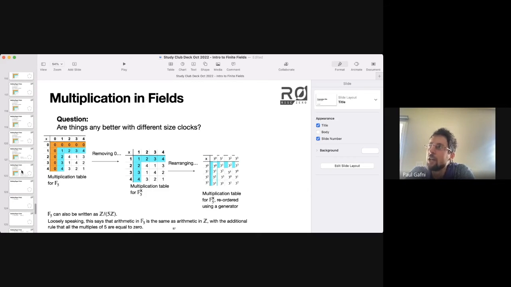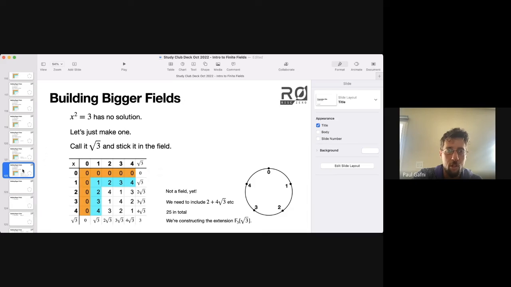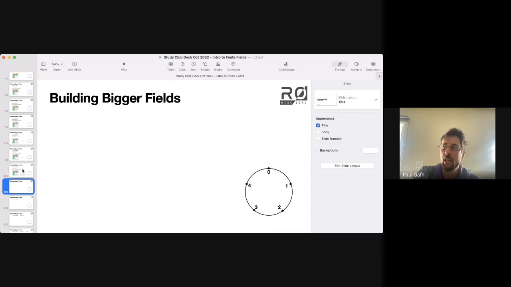So we've seen generators, we've seen roots of unity, we've seen the idea of a multiplicative group of a field. The one other thing that is likely coming up if you're encountering finite fields in any professional application-based contexts is the idea of field extensions.